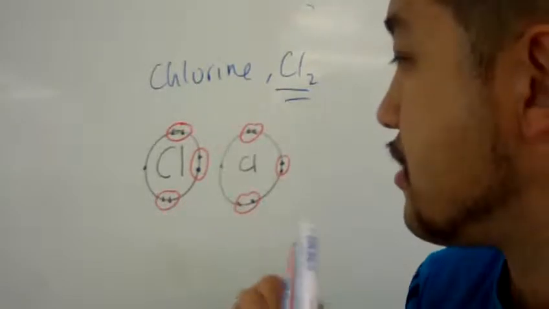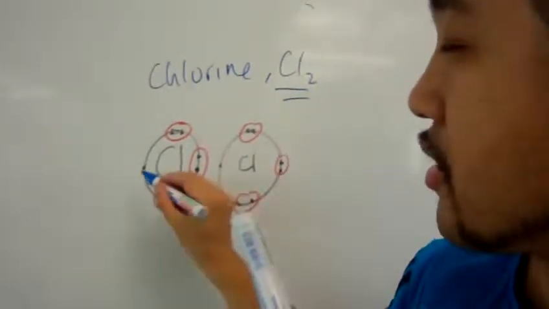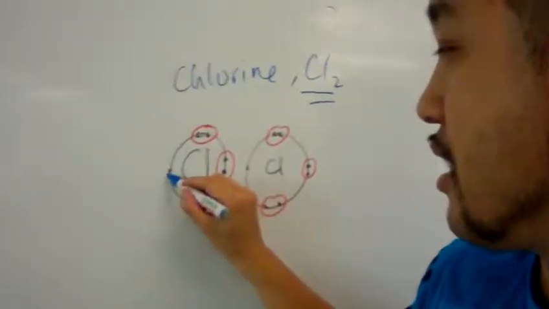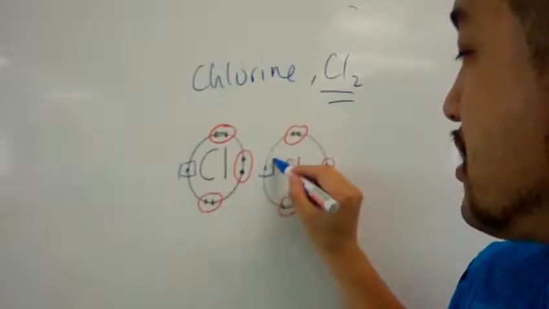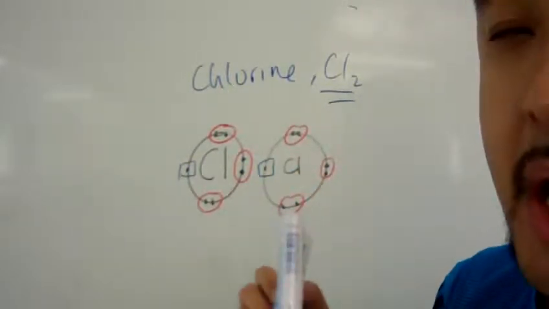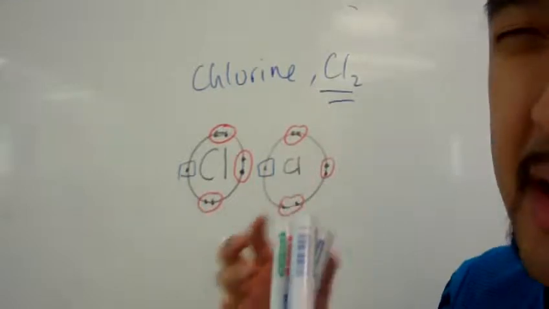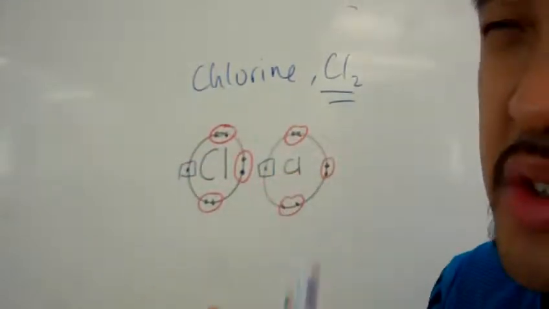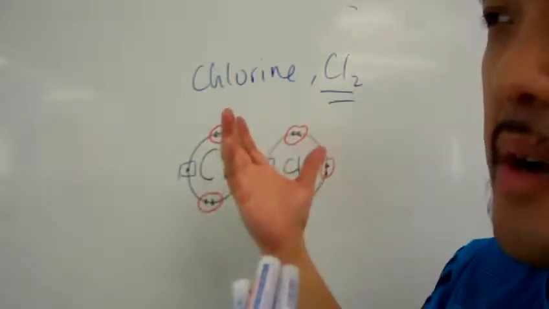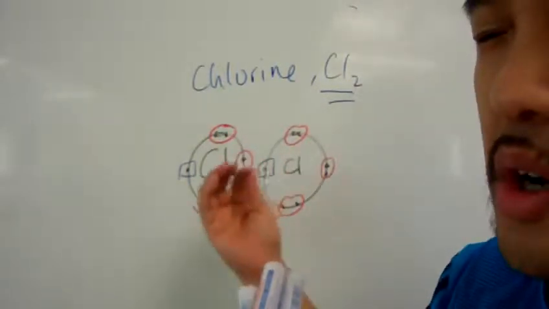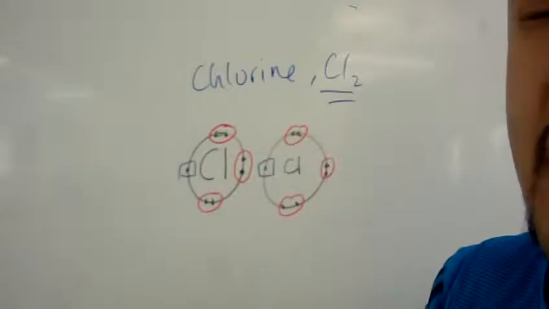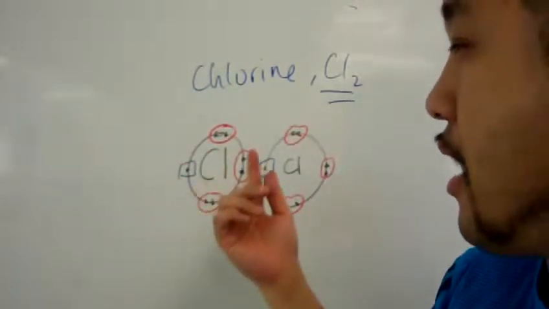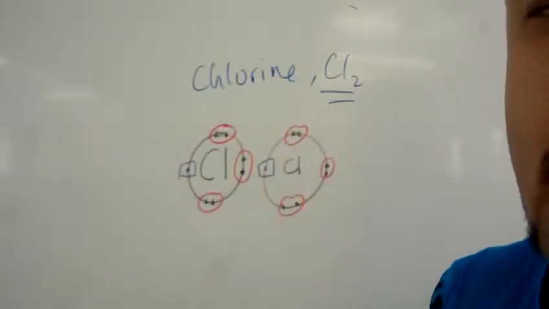But if you look here, there are valence electrons that are not paired up. They are unpaired electrons, and you want to pair them up so that they can share those electrons, so that the chlorine molecule that's formed has a lower energy level than the separate chlorine atoms.